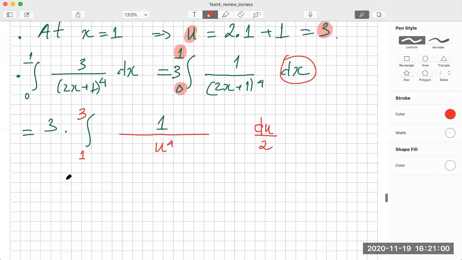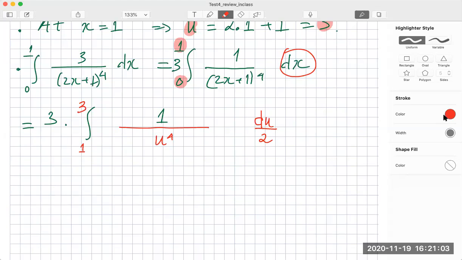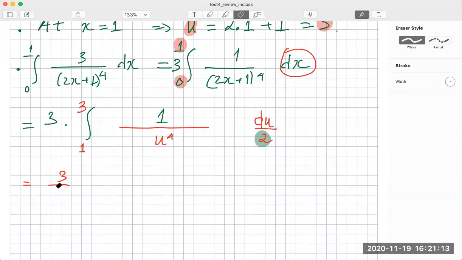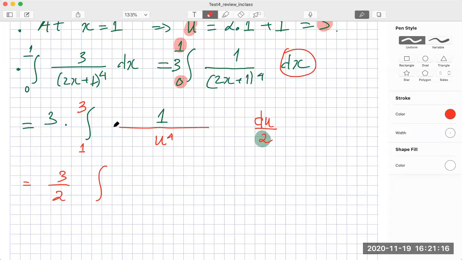Now it becomes easy, right? This is a constant 1/2, so we can take it out of the integral to make our computation easier. 3 times 1/2 gives us 3/2, right? Integral from u equal to 1 to 3 of 1 divided by u to the 4th. Can we write it in terms of u to the something? Negative 4. Very good.